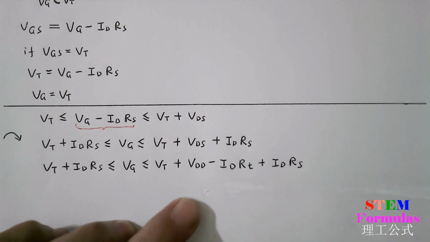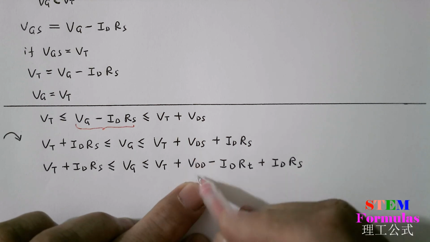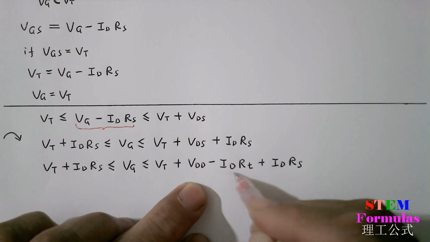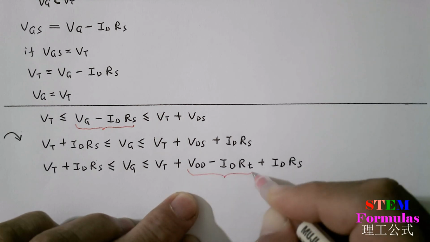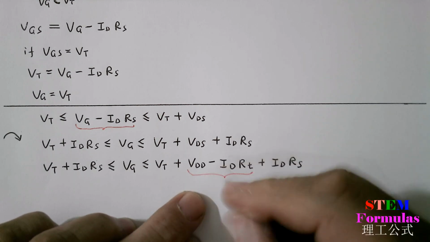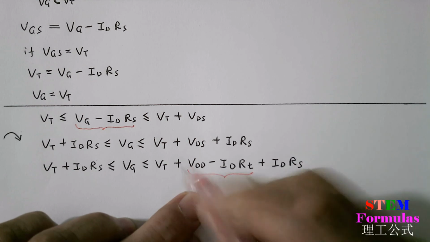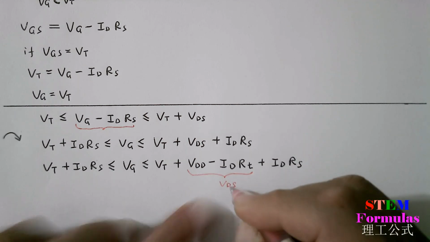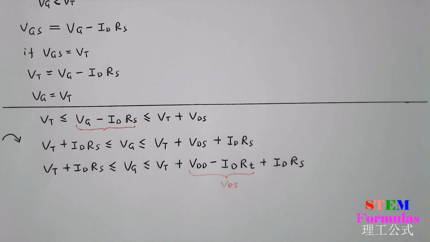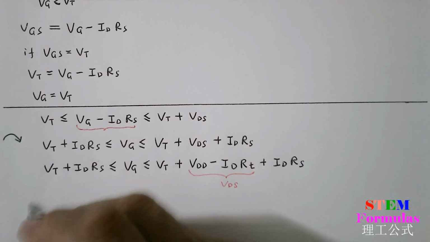Because VDD minus ID RT, this term, is equal to VDS.